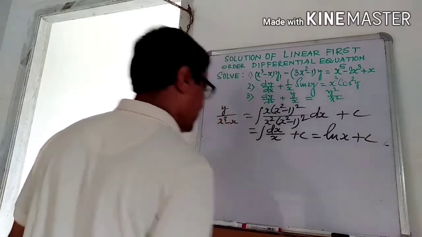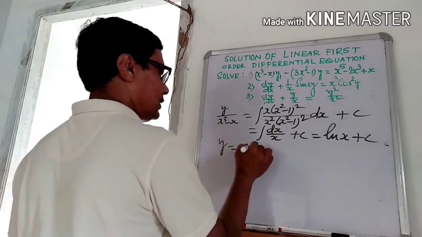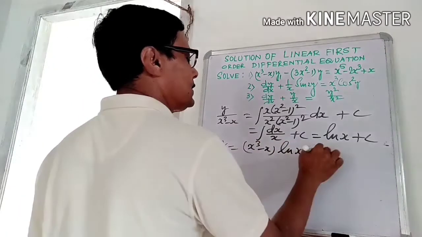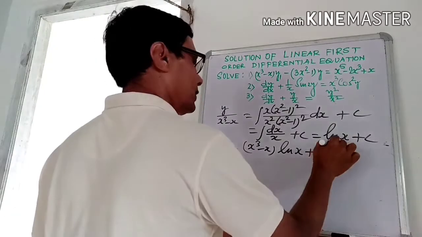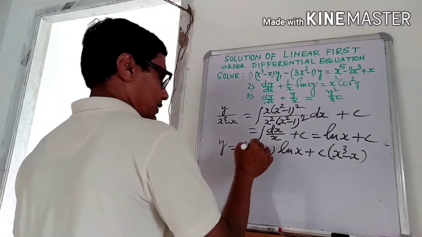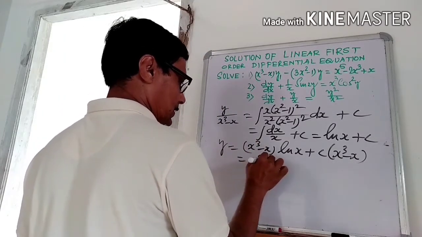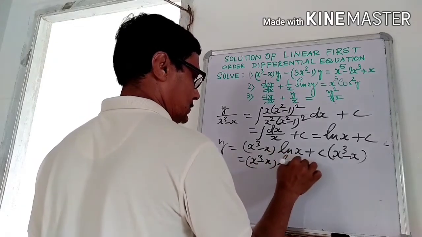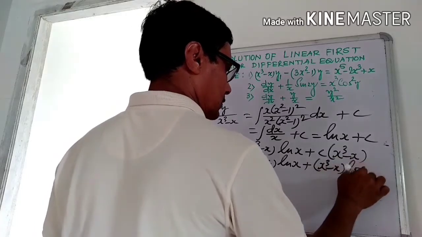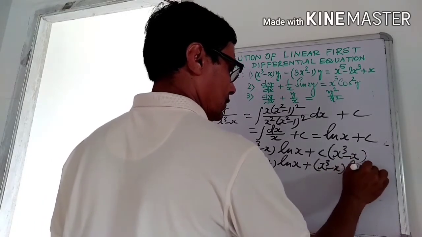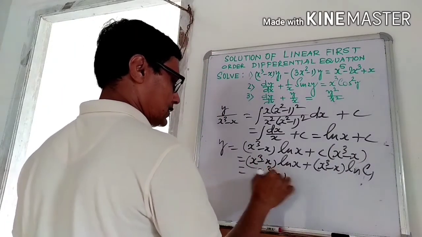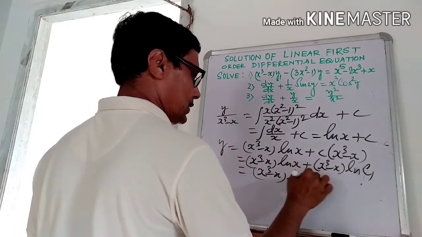So we get y equal to x cube minus x log x plus c into x cube minus x, that is x cube minus x log x plus x cube minus x log c1, that is x cube minus x into log of x by c1.